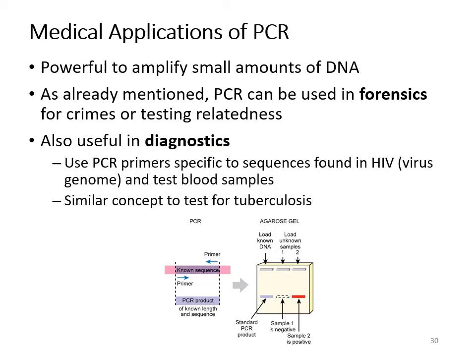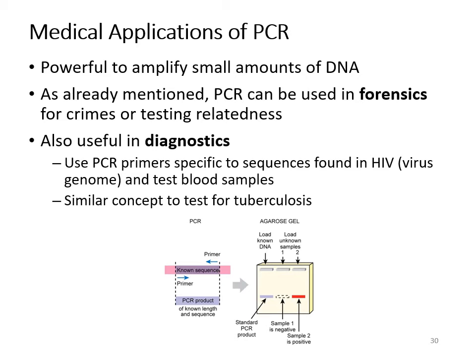There are also a lot of medical applications of PCR, whether you're doing regular PCR or the big time qPCRs. With the bullet points that I have on this slide, keep in mind that there's a whole lot more you can do with PCR.